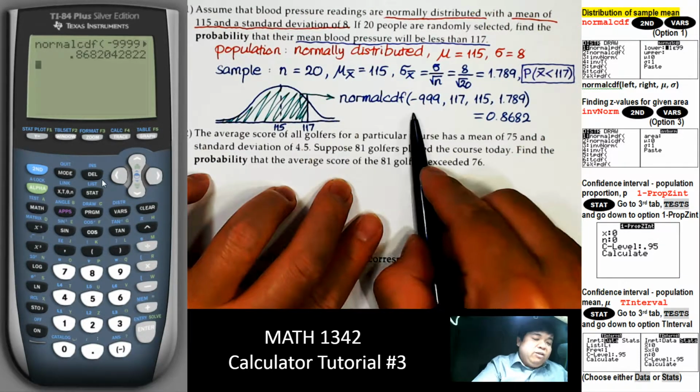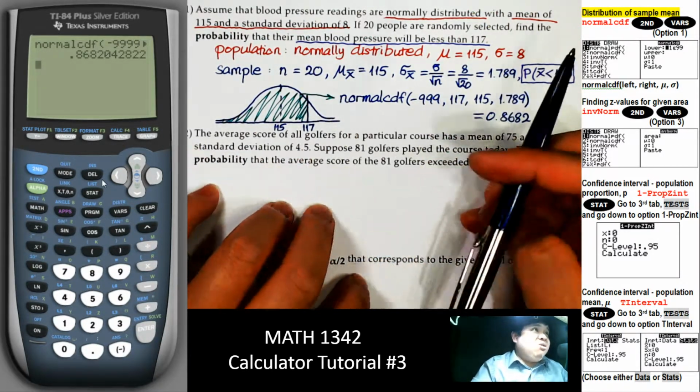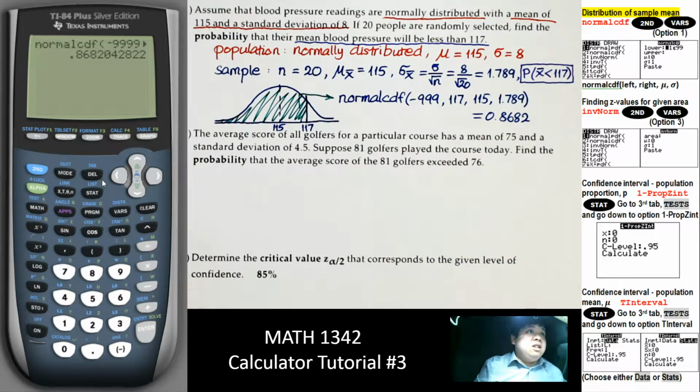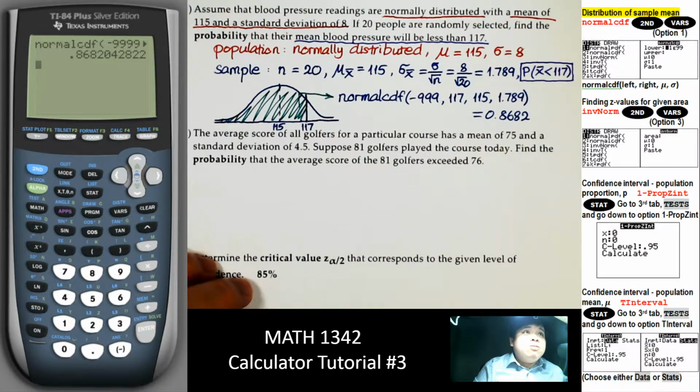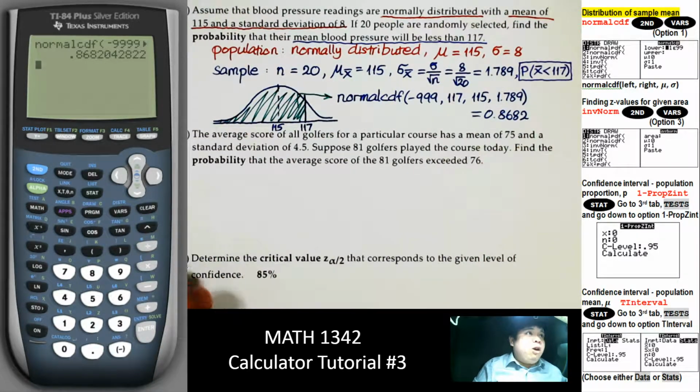So negative 999 or 9999, it doesn't really matter. We should have the same thing. Sorry, a little slow on the first one. Just want to set up everything correctly.